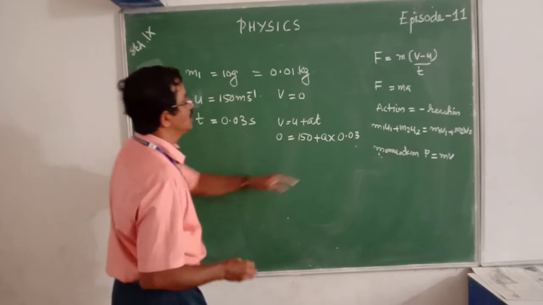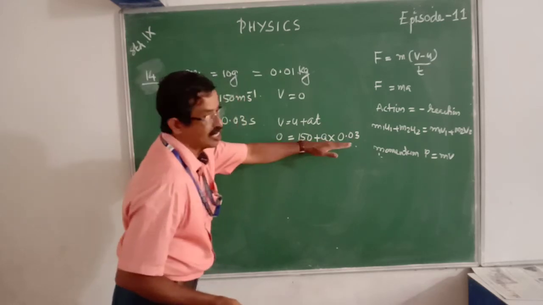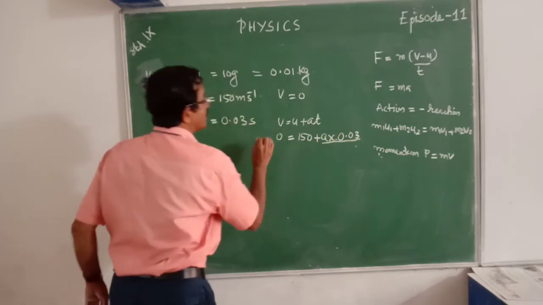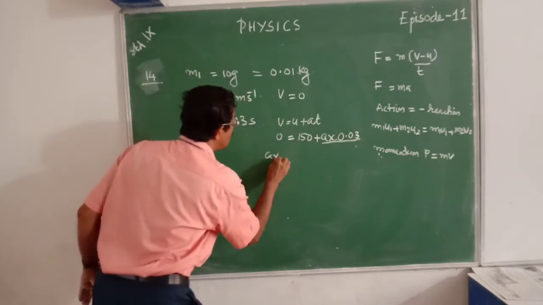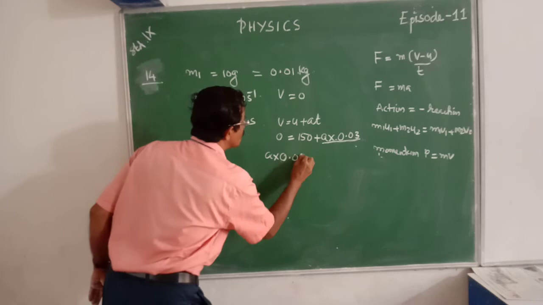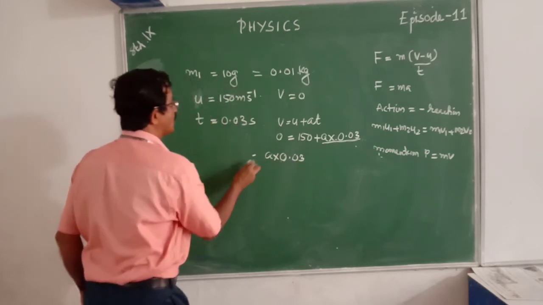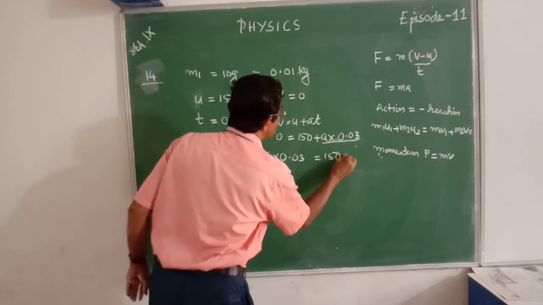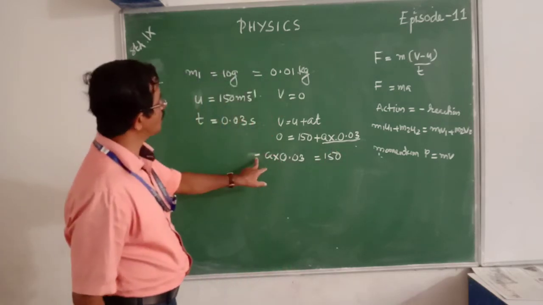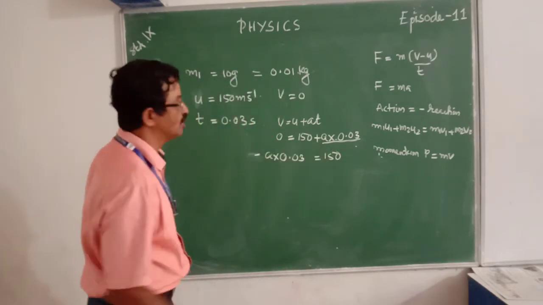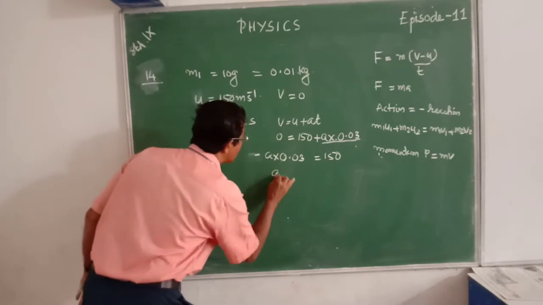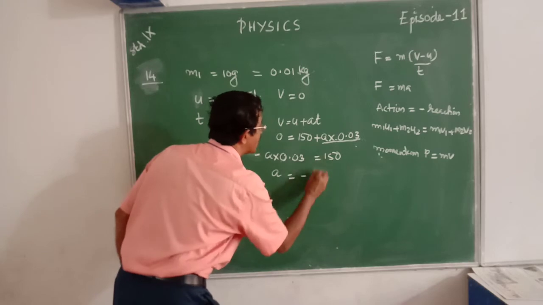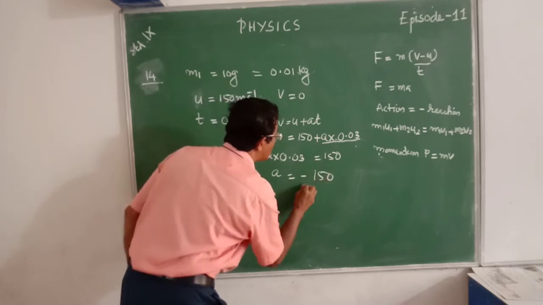From this relation we can bring this to this side. Then a into 0.03, that is minus, is equal to 150. Now this minus 0.03 we can shift to that side.